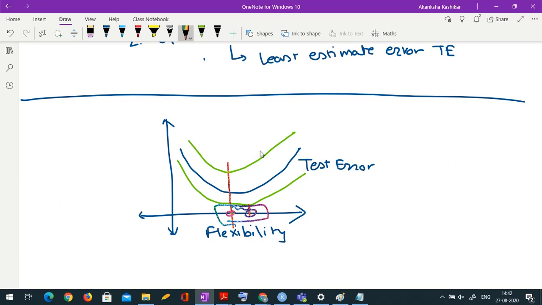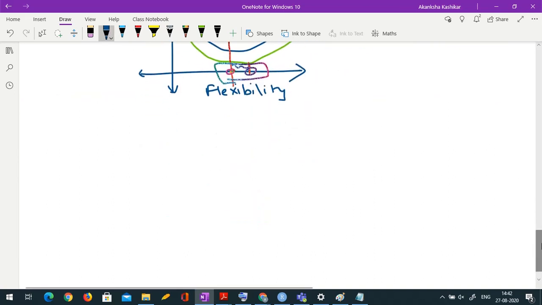So let me repeat what I am trying to say. The estimate of test error may not be accurate always.